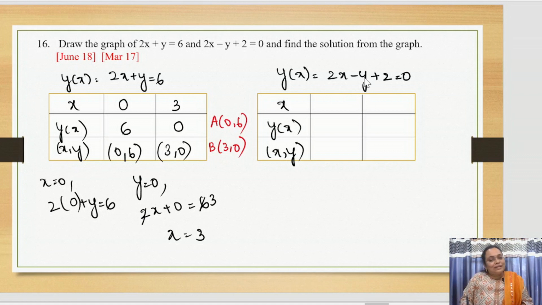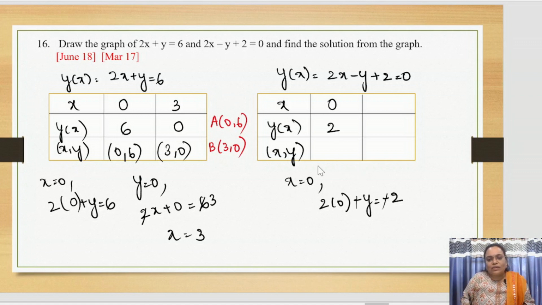We will put y equals 0 and find the value of x. Okay. Put x is 0. If you put x as 0, this will be 2 of 0 minus y equals minus 2. You will get y as 2. When x is 0, y will be 2. Coordinates are 0 and 2.